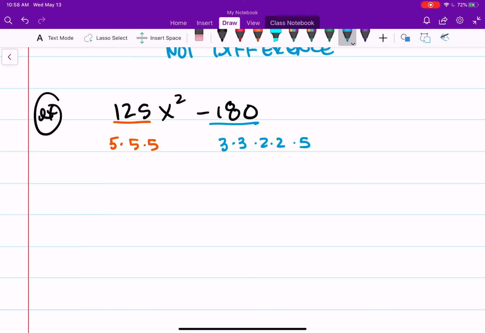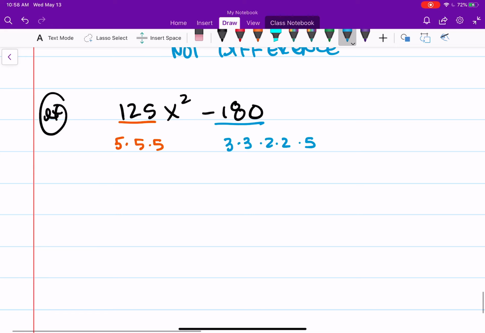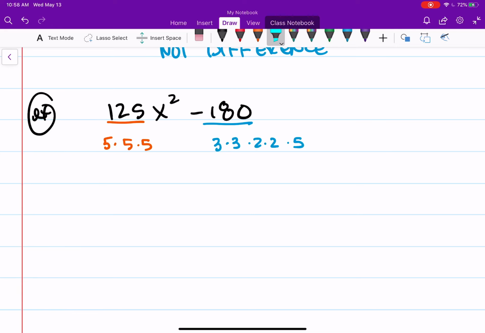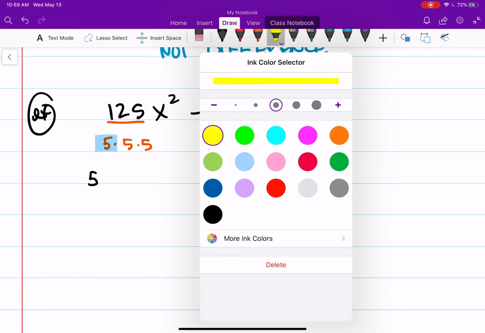Where's my calculator? Oh, my calculator is not here. Okay, I'm going to tell you that is 180. So what's in common? A 5 and a 5, and that's it. So my GCF is going to be a 5, and what's left? Okay, so let's see what's left.